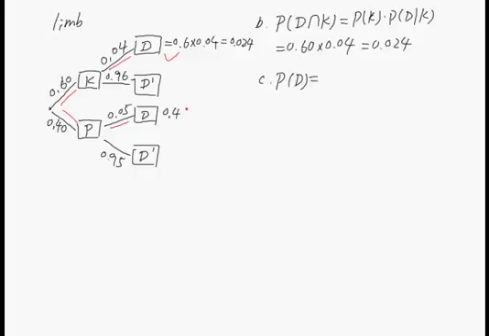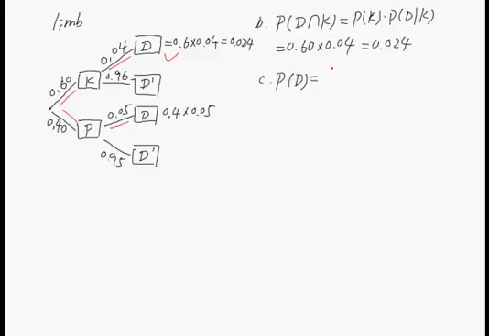In this second name, we get 0.4 times 0.05. Then from name to name, you just add these two products, and then you get the probability of this event in the second stage.